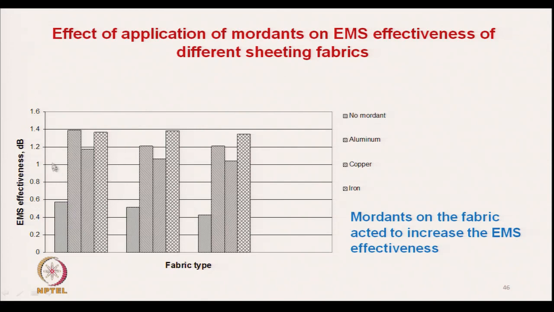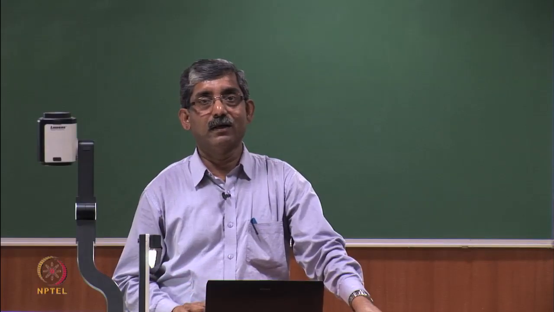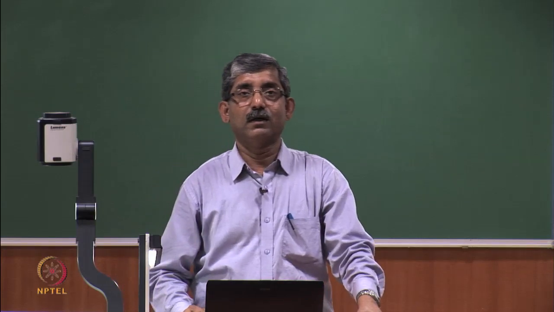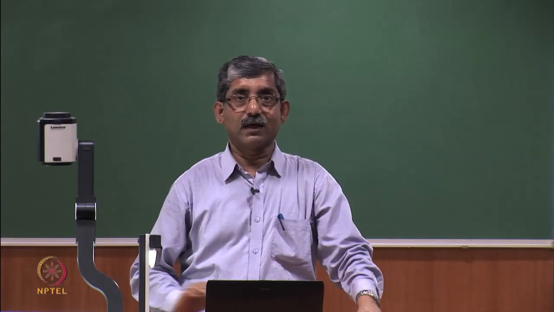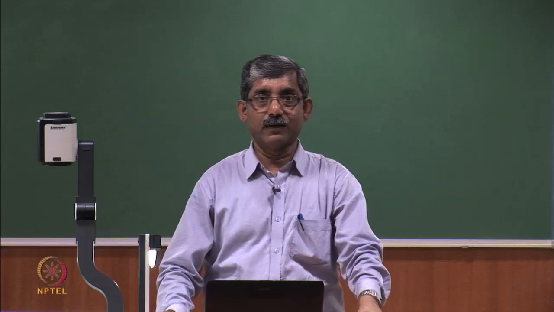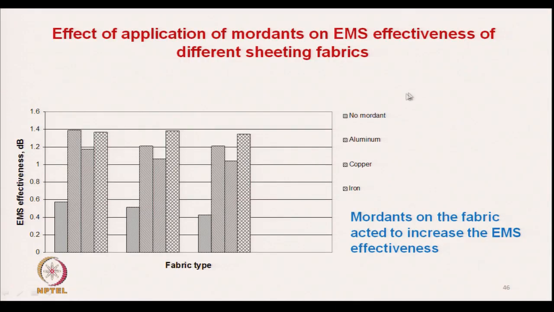If we see all these graphs, the use of mordant increases the shielding effectiveness significantly. The reason being, as the mordants are metallic in nature, they enhance the conductive nature of the fabric. So, these are a few parameters.